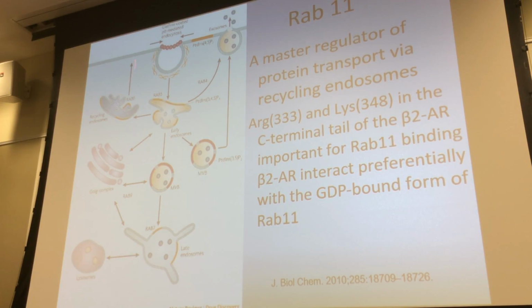So this RAB11 pathway can be a very important one. So you can see lots of different address labels that are going to really describe how that early endosome manages the receptor numbers on the cell surface.